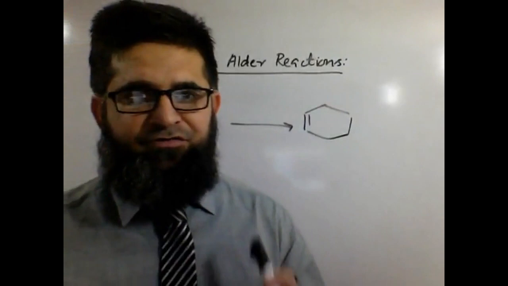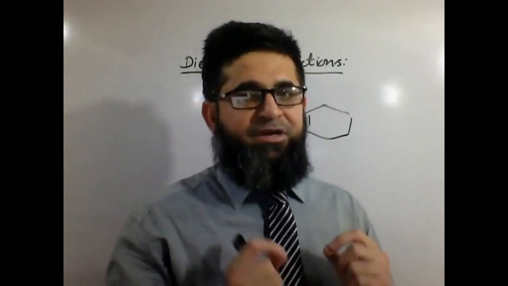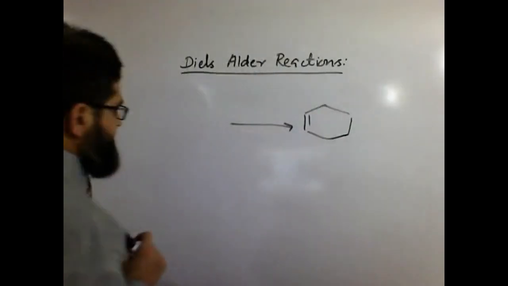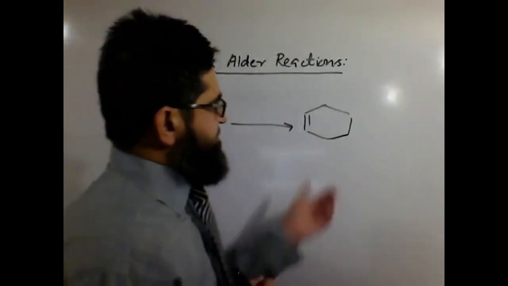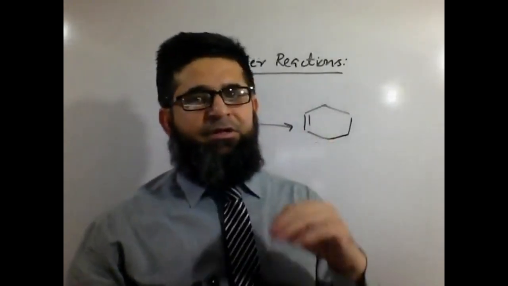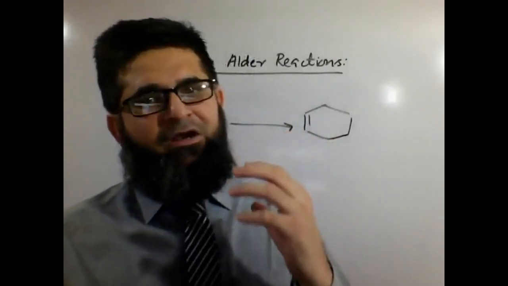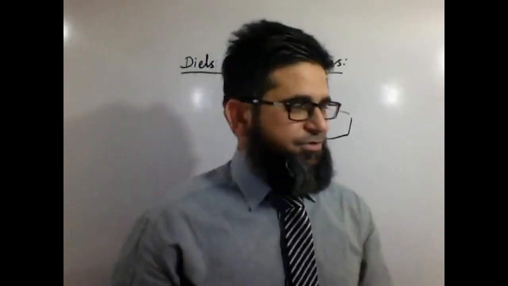You start off from reactants which do not carry any ring, but when you react them together, a simple rearrangement of the pi bonds generates a six-membered cyclic ring. So if you want to generate a six-membered cyclic ring, you can take the help of the Diels-Alder reaction.